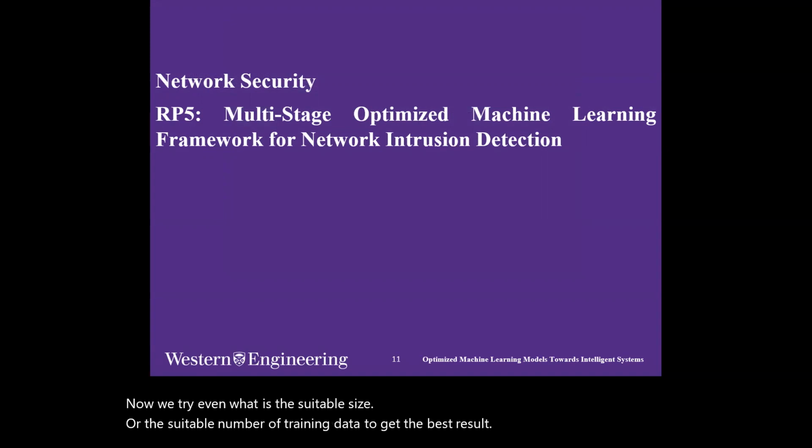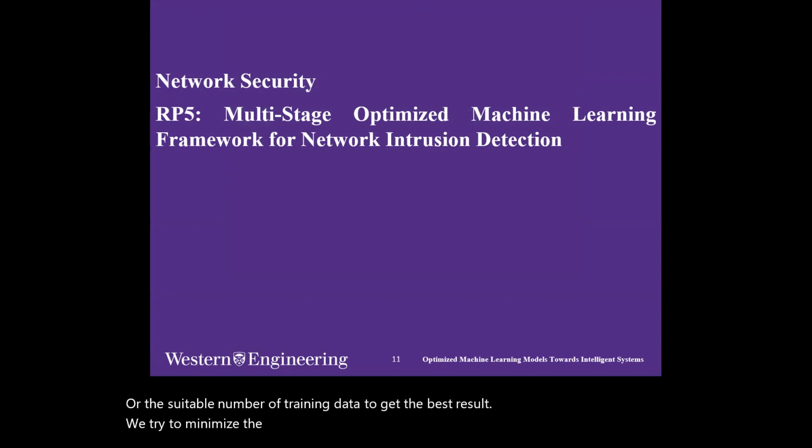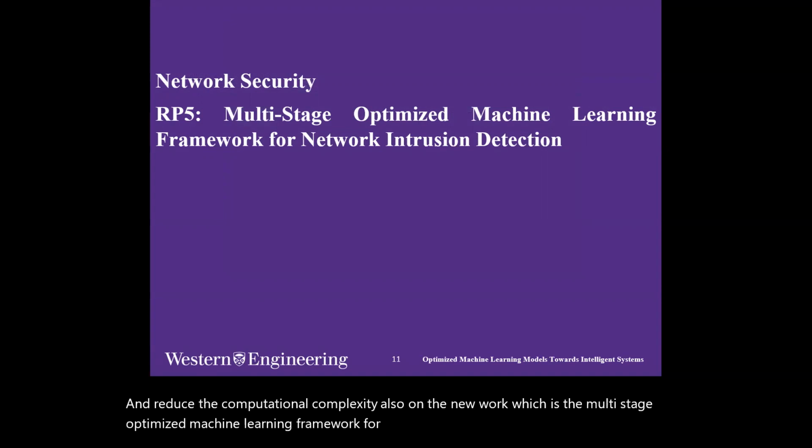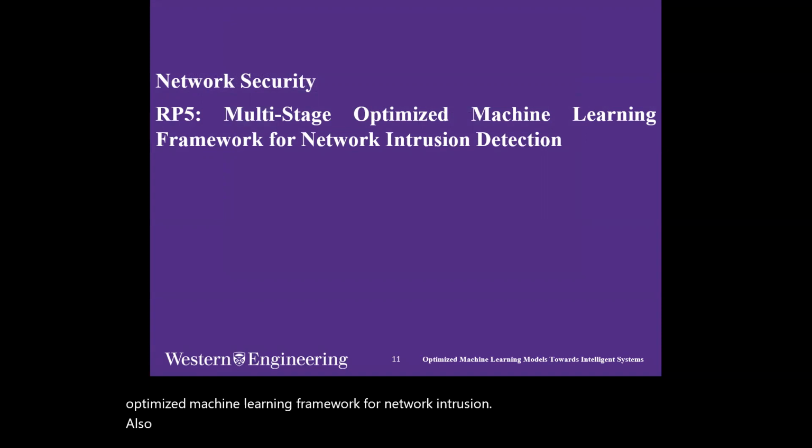We try to minimize the number of training samples used to build the model. Why? Because it will reduce the amount of time and the computational complexity. Also, in the new work, the multi-stage optimized machine learning framework for network intrusion, we also optimize the number of features.